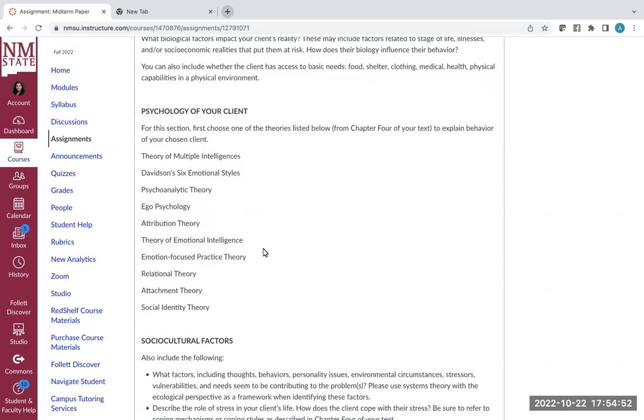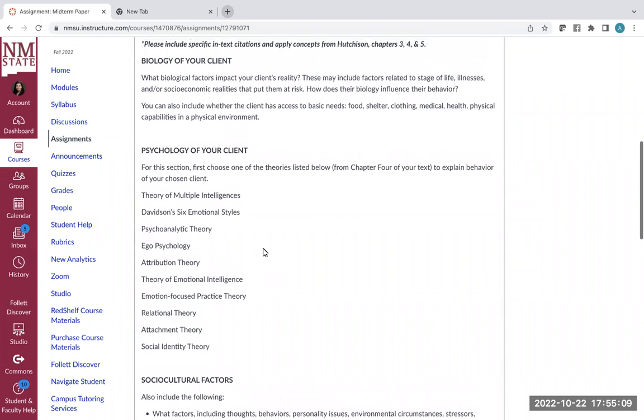Then in the psychology section, you are supposed to choose one of the theories in this section to discuss your client's behavior or situation. So again, in this section, you will have to describe the theory.